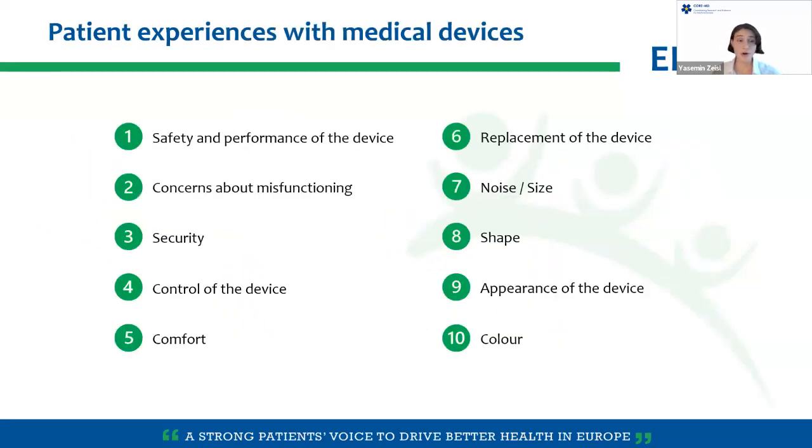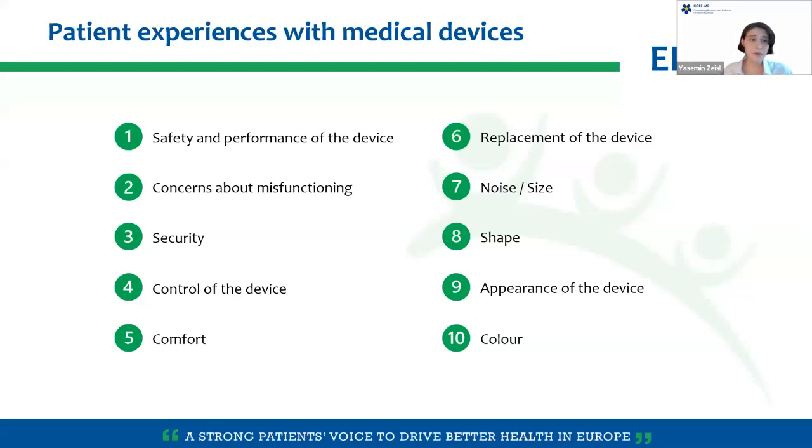So now to the more interesting part. Here you can see a ranking of areas that patients think are important to them when it comes to their experiences with medical devices. We had a ranking of the top 10. Number 1 is the most important, and number 10 is less important, but still important.